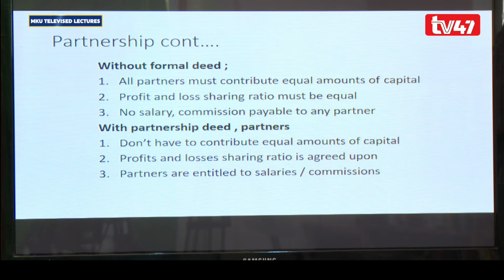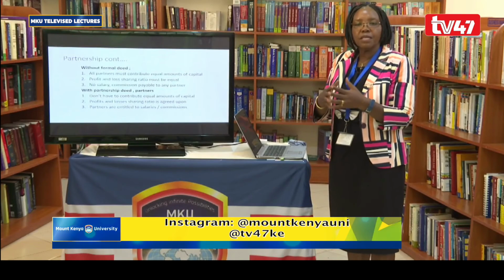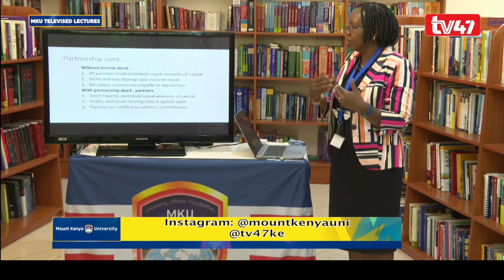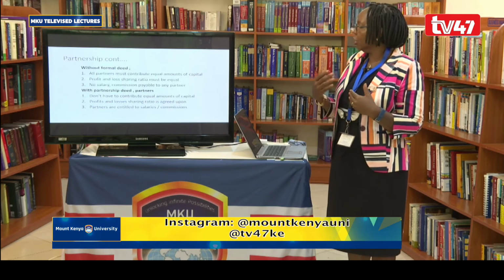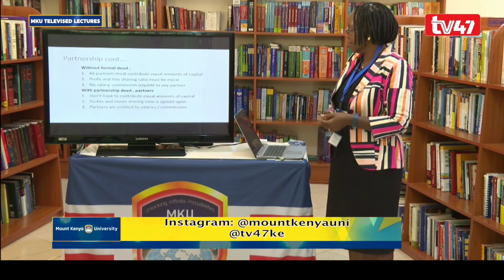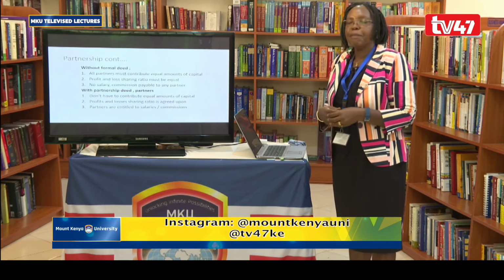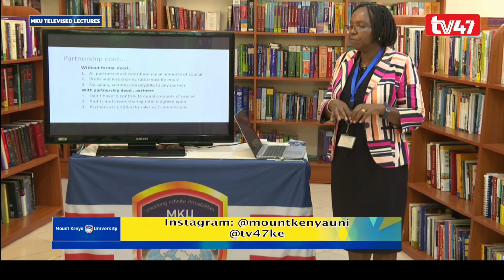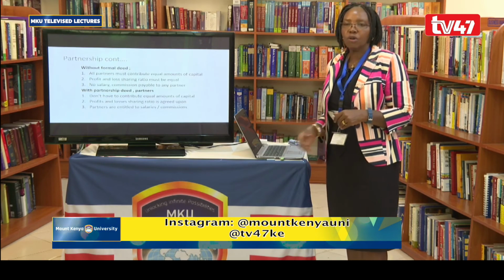One may be more endowed, and therefore they can bring more into the partnership. That means when they are sharing the profits and losses, they are going to share according to the ratio they have agreed. Then, the partners who work in the partnership are entitled to a salary or commission.